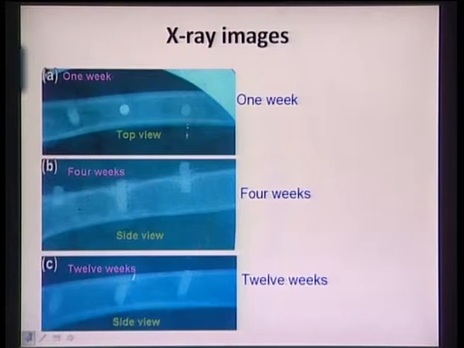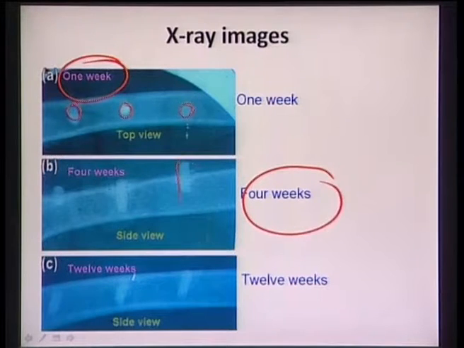Now, after 1 week, these are the X-ray images. What you can see in these X-ray images is your sample, and you can clearly see it, whether it is hydroxyapatite, mullite, or whatever the sample is. After 4 weeks, you can clearly see the samples here, and after 12 weeks, you can see the samples almost of the same size. What does it mean?